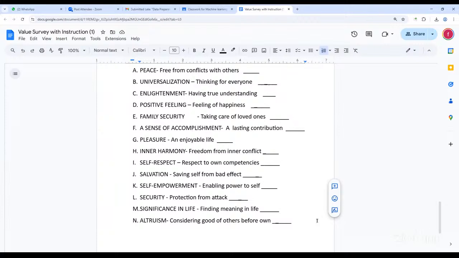Now, Vishal, please write down in your Excel, in your SPSS sheet, the variable name or the statement name and your rank.